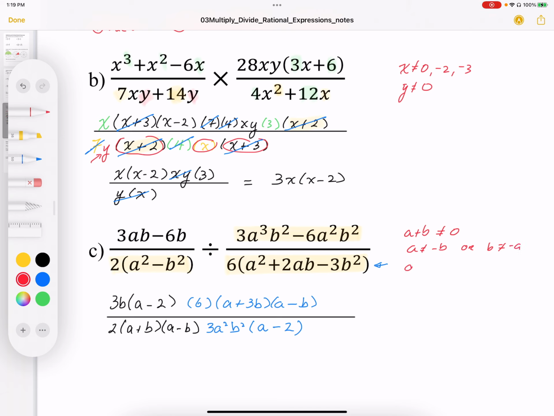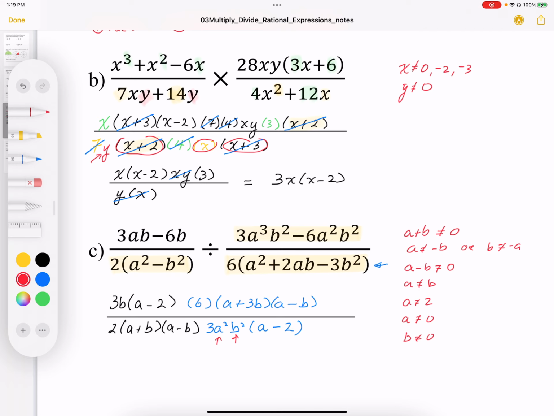I have a minus b is not equal to 0, which can be written as a not equal to b. I have a not equal to positive 2. A is not equal to 0 from the single factor here, and then lastly b is not equal to 0 as well from this single factor here.